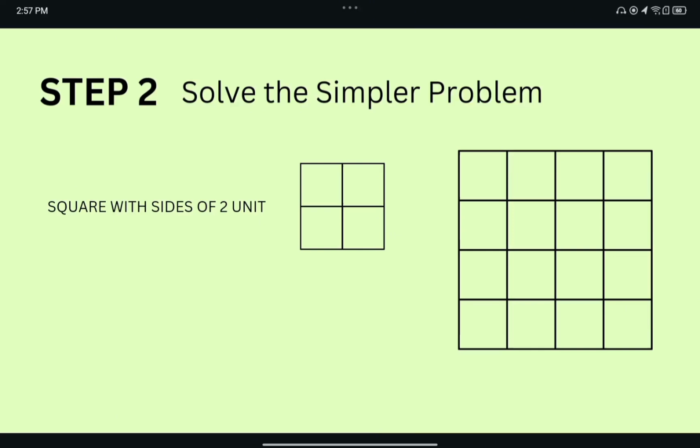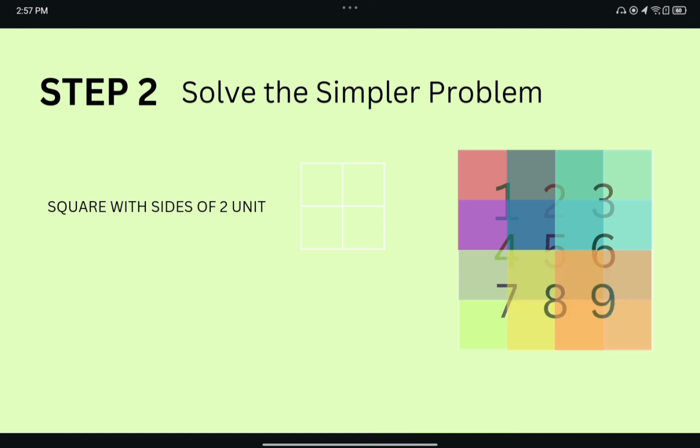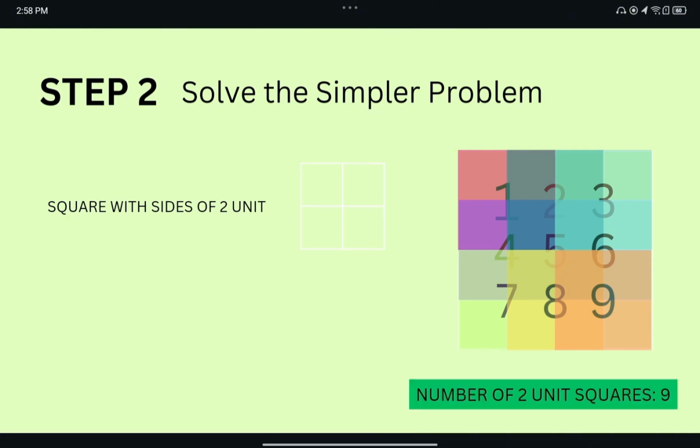So we will start counting now. We have 1, 2, 3, 4, 5, 6, 7, 8, 9. If your answer is 9, then you are correct. Good job. So the number of 2 unit squares is equal to 9.